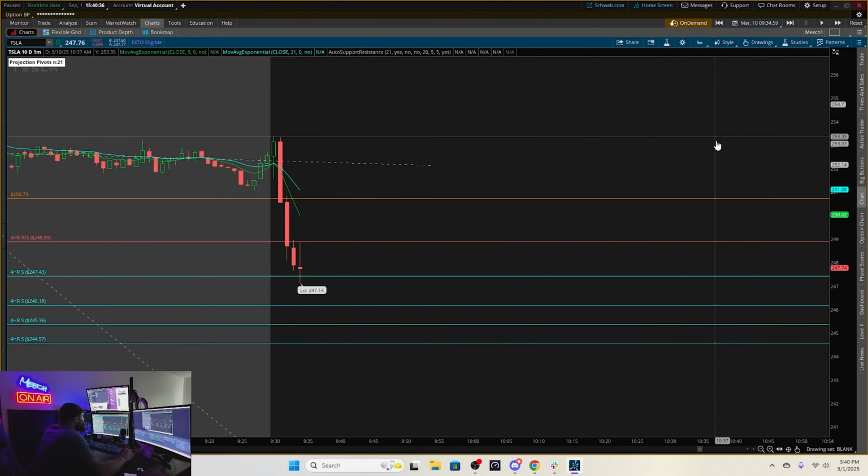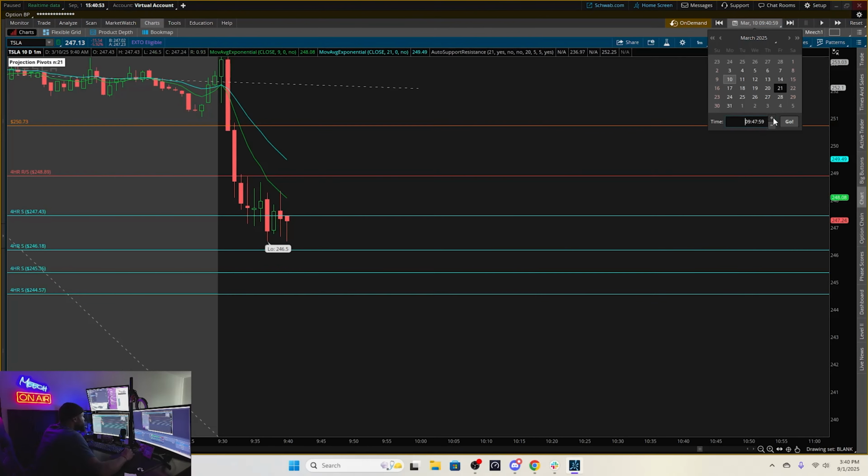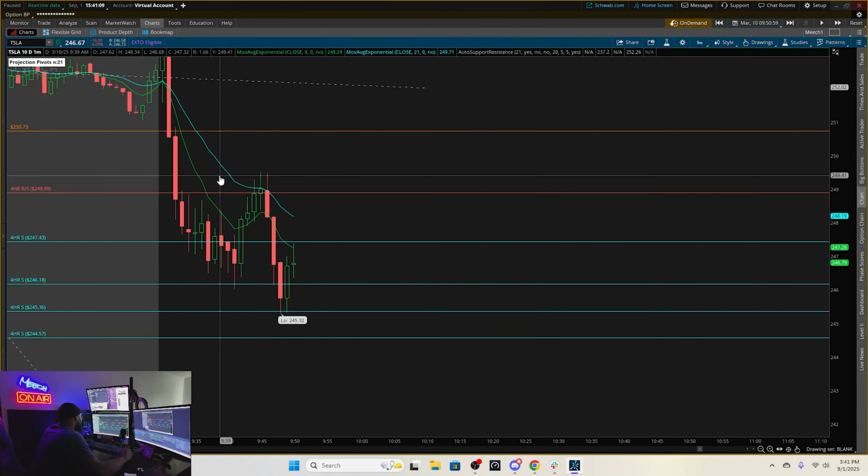Boom. Respecting the area, respecting the supports. We're gonna go to 950. Pay attention. You see how we came back up and we started rejecting off of the resistance?